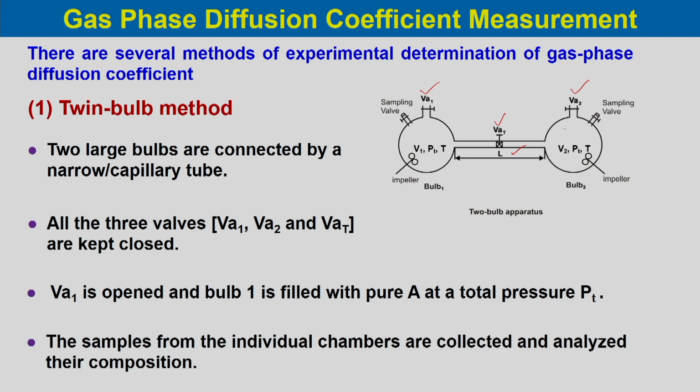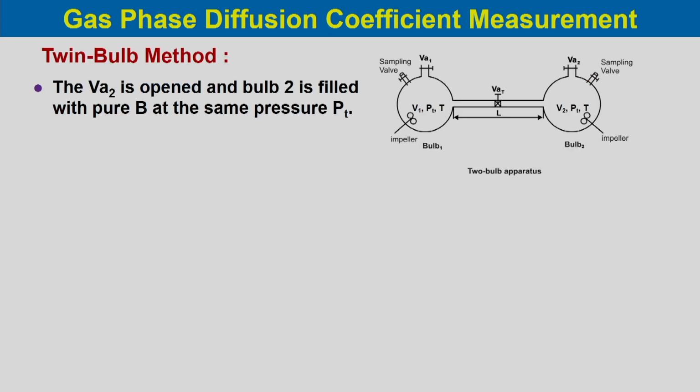The samples from the individual chambers are then collected and their composition analyzed. The valve VA2 is opened and bulb 2 is filled with pure B at the same pressure PT. A similar process is followed as in the case of bulb 1.